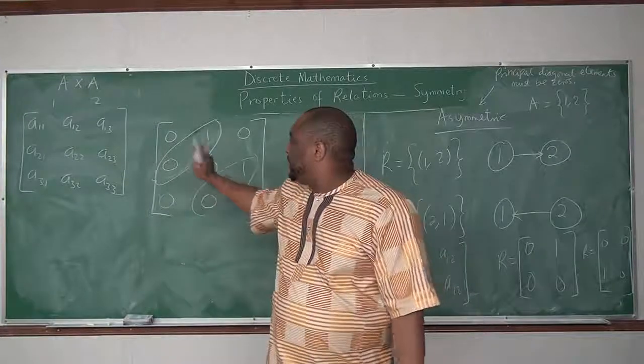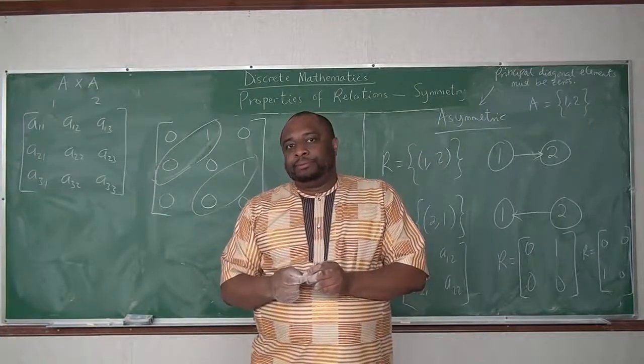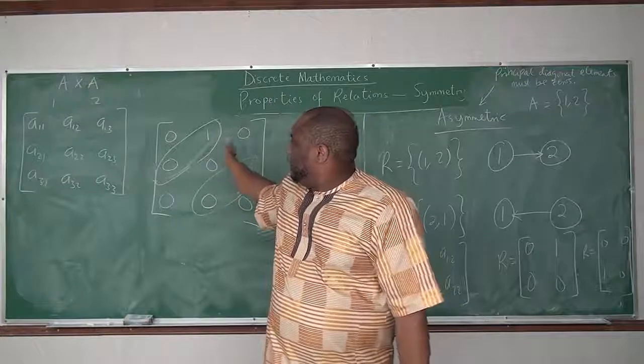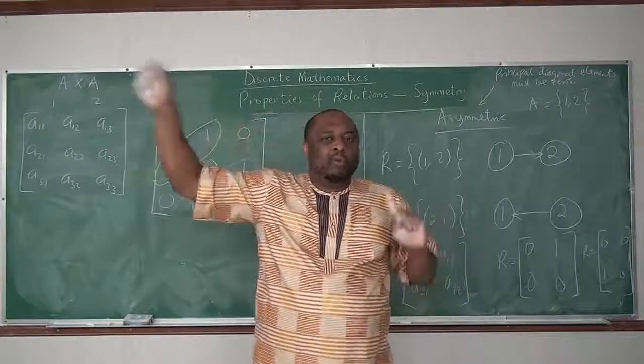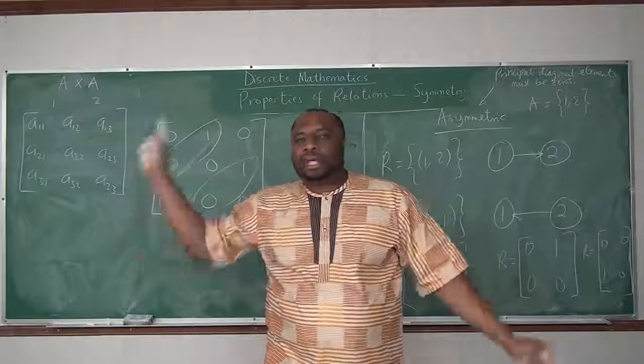If you have zeros as the principal diagonal elements, it has to be one way. You can't have 1, 2 and 2, 1.